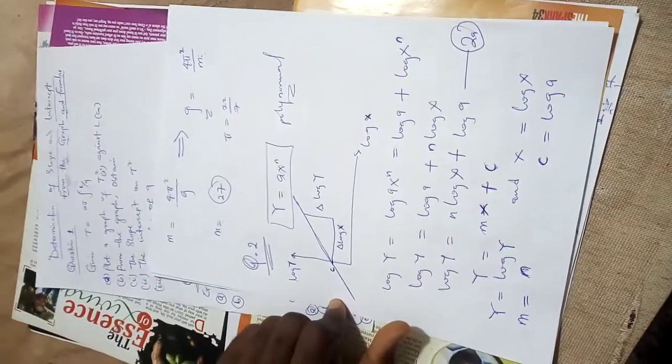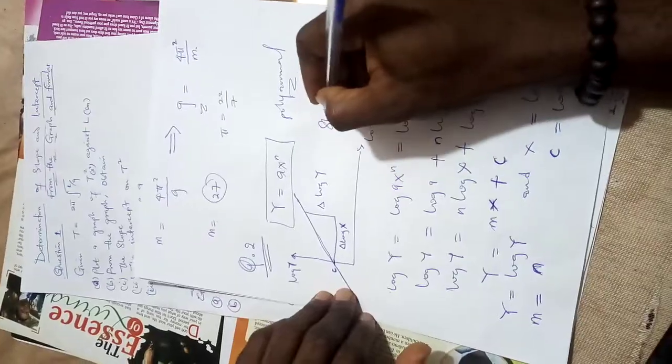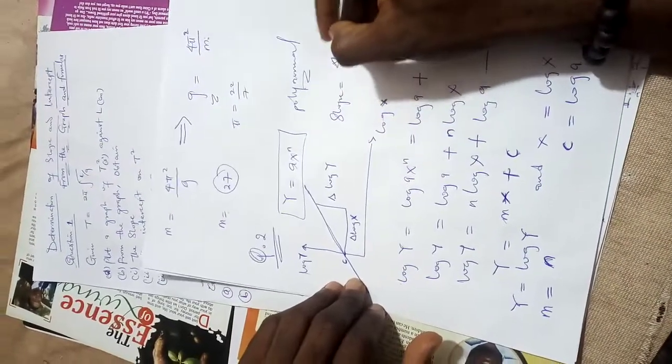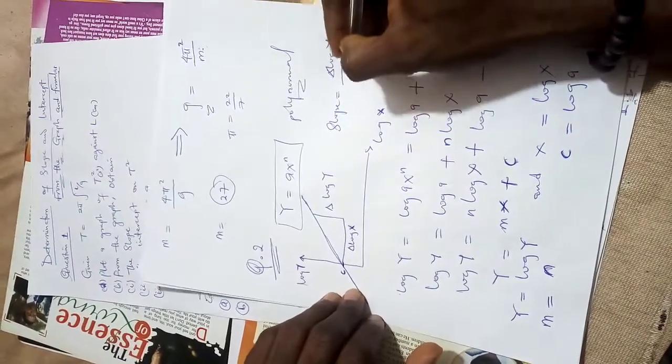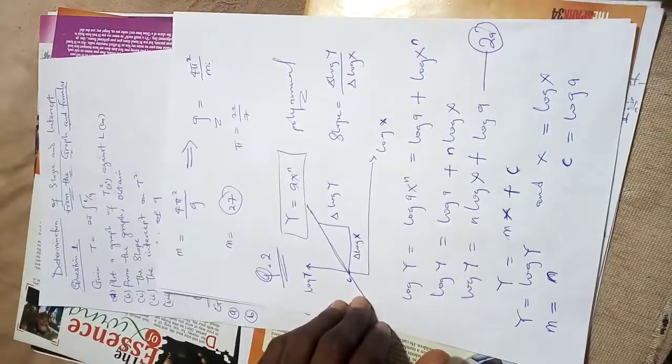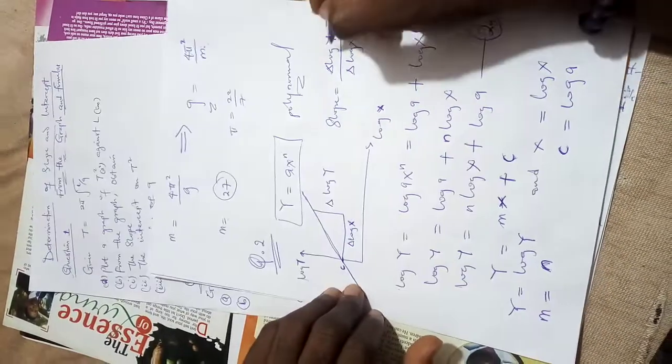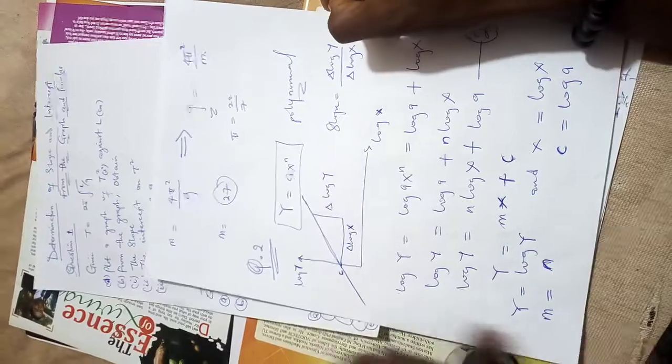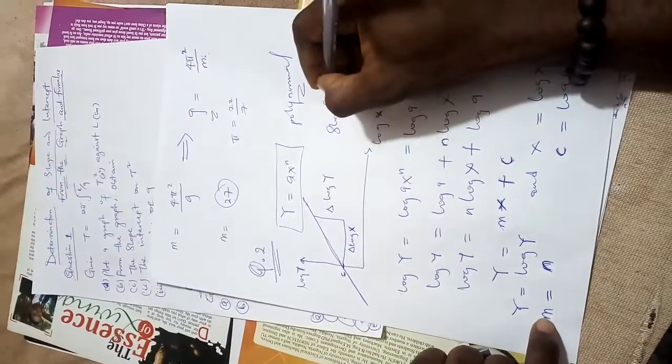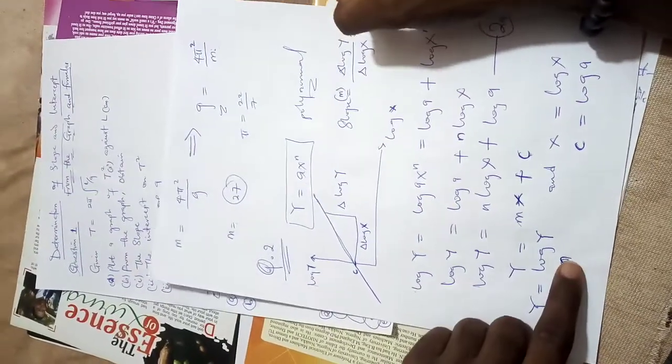Are we together? So the slope here is simply change in log y all over change in log x. So which is equal to, m is our slope, right? Good, which is equal to what?